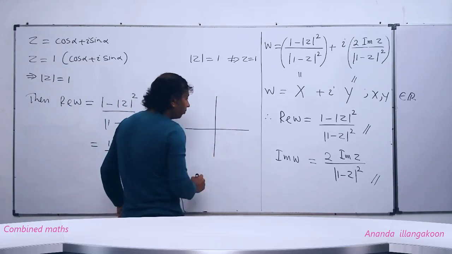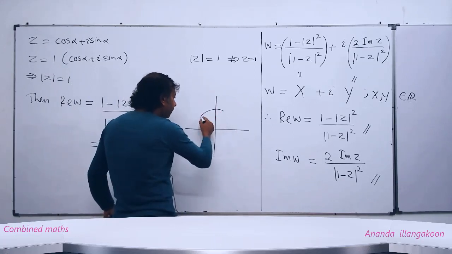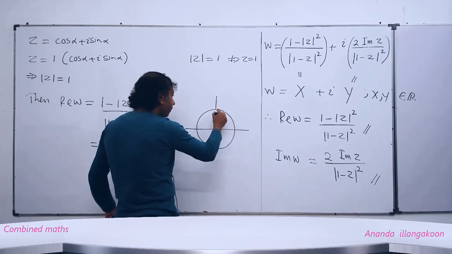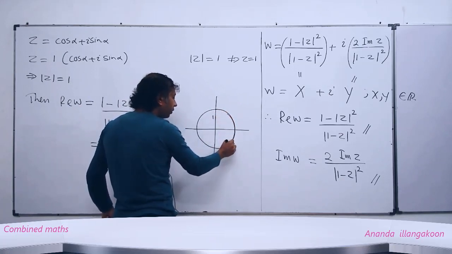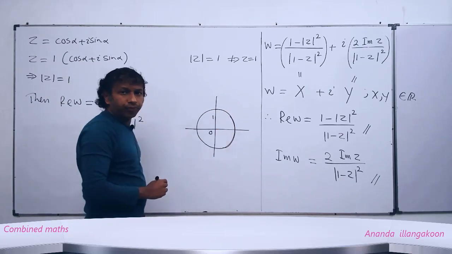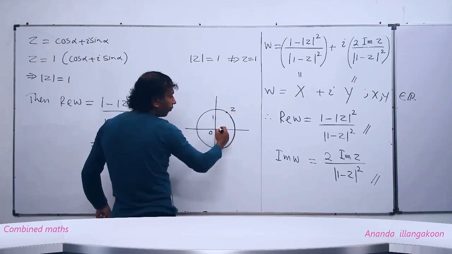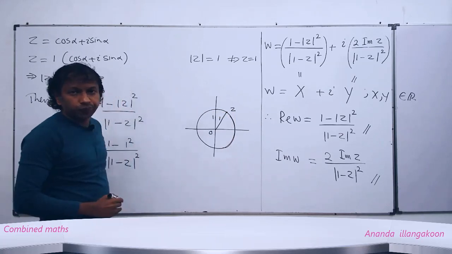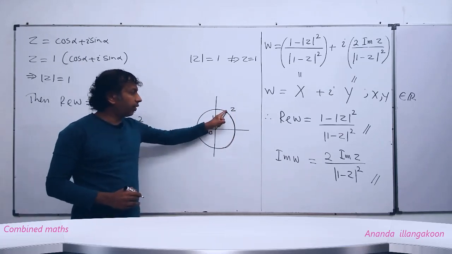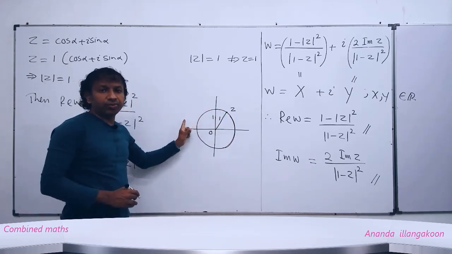Consider on the Argand plane a circle with radius 1 and center at the origin. Then any complex number on the circle, its modulus is 1. Then how many complex numbers can we have so that the modulus of the complex number is 1? Infinity.